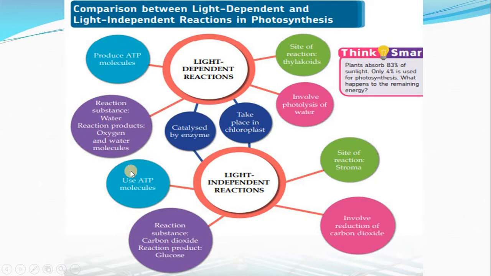In the light independent reaction, it uses ATP to reduce carbon dioxide into glucose. So these are the comparisons that you need to memorize. Please memorize the similarities and the differences between the light dependent reaction and the light independent reaction.